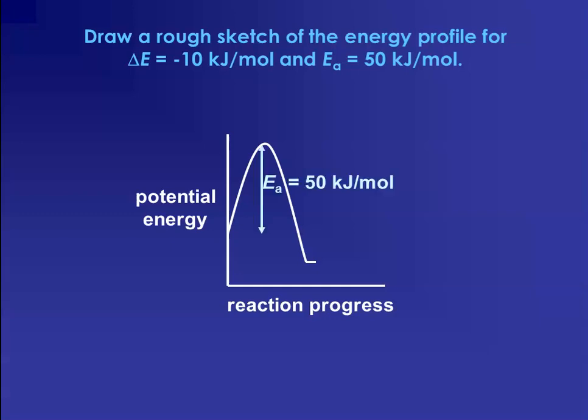The activation energy would be the energy the reactants need to climb the hill, 50 kilojoules. And again, delta E is the difference between your starting and your ending point on your graph. If this had been a positive 10 kilojoules, the products line would have ended higher than the reactants line, and delta E's 10 kilojoules would have been part of that activation energy arrow. It just would have been to the side of it.